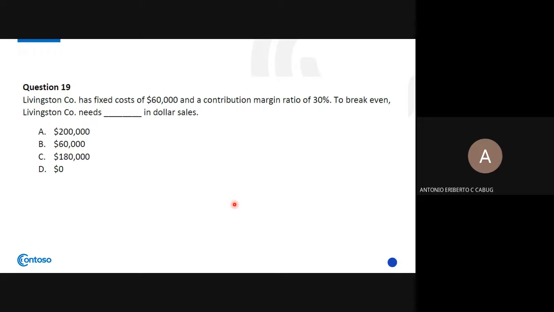Enter now. Enter your answers, everyone. Livingston Company has fixed cost of 60K. Contribution margin ratio is 30%. You're simply asked the break-even point in sales dollars. 60K over 30% is 200,000. Correct answer is letter A. Very good, everyone. Letter A, $200,000.